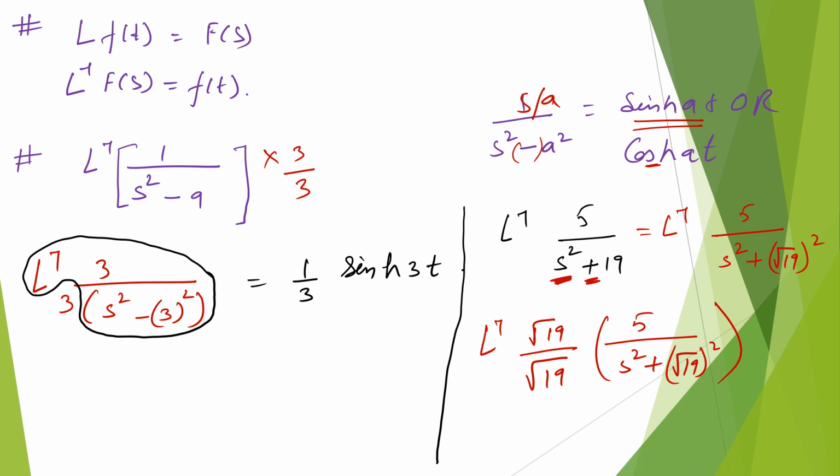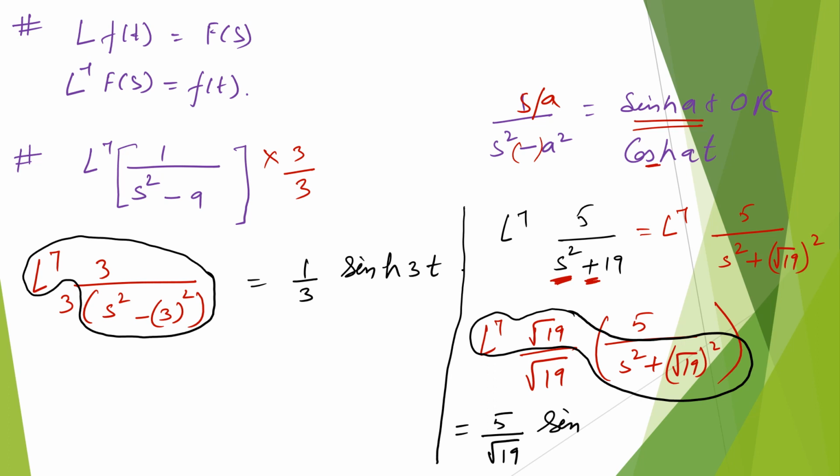Now to create the complete formula we take this portion along with it, and we get 5 over under root 19 as a constant, and this will be converted into sine under root 19t. So this is the solution for the second problem, and this is the solution for the first problem.